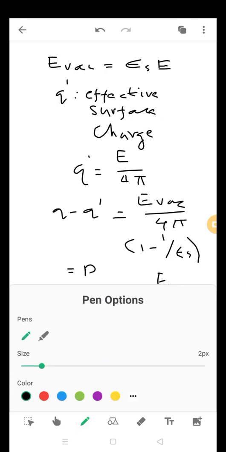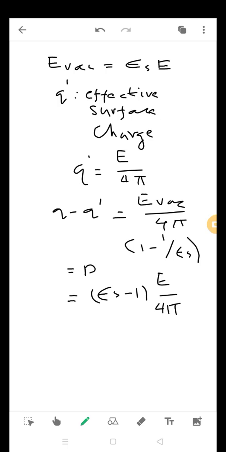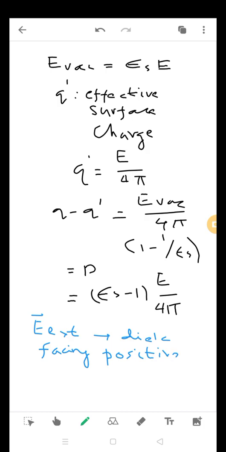So when an external electric field is applied, the dielectric facing the positive plate acquires negative charge, and vice versa.